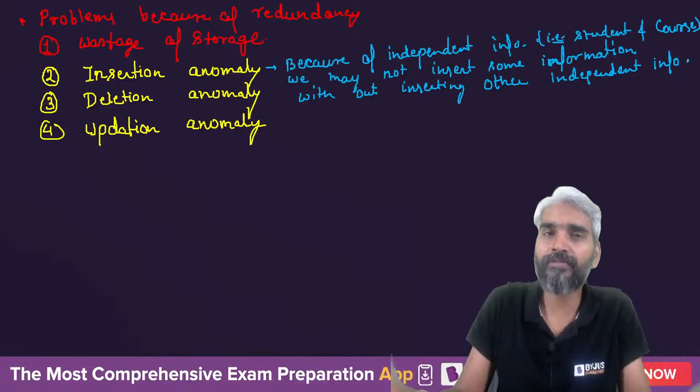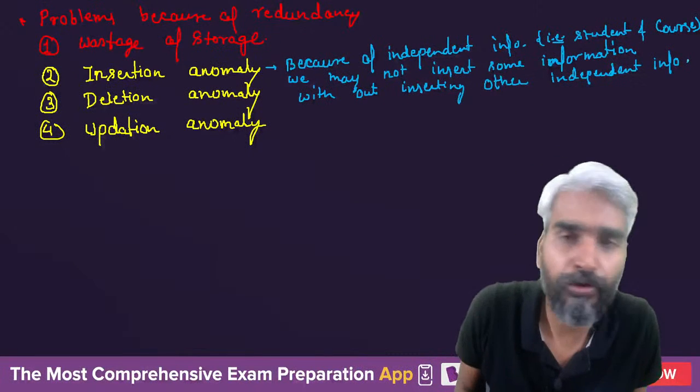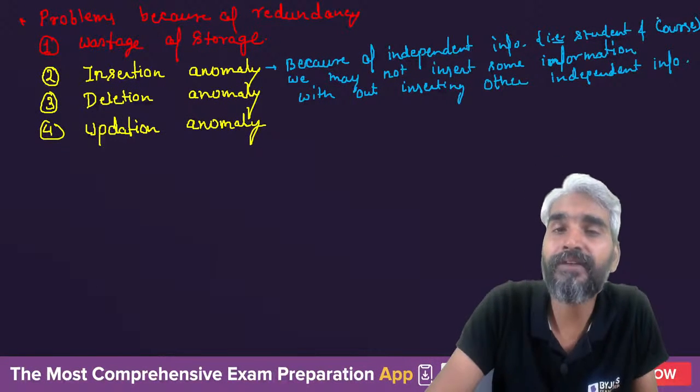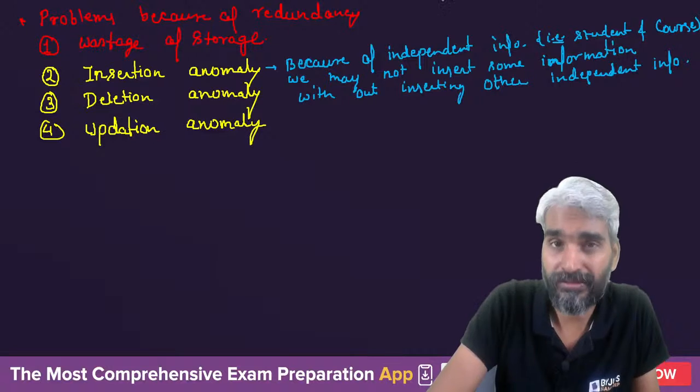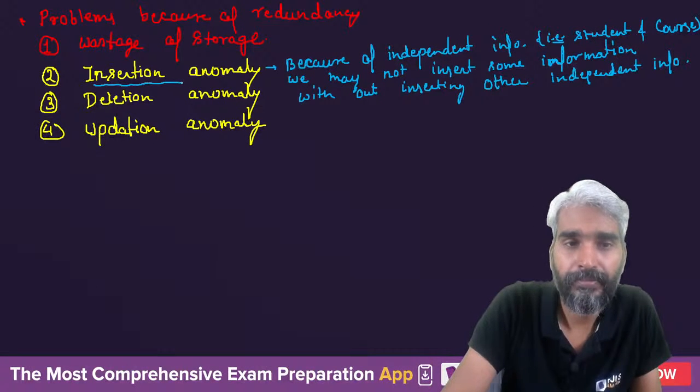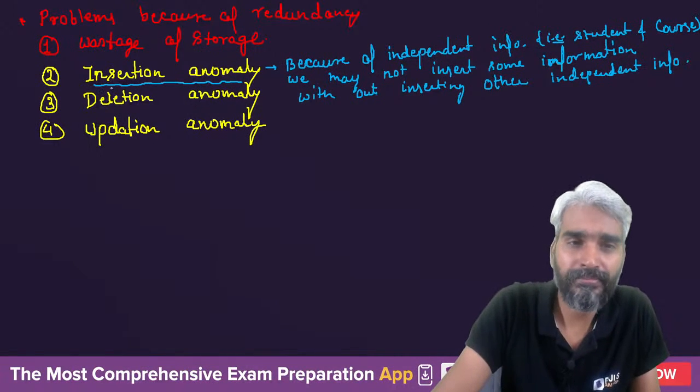That is, if you are not storing the information of a student, then you cannot store the information of a course. So this is one problem, that is insertion anomaly.